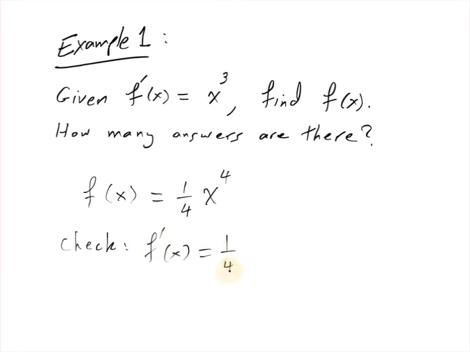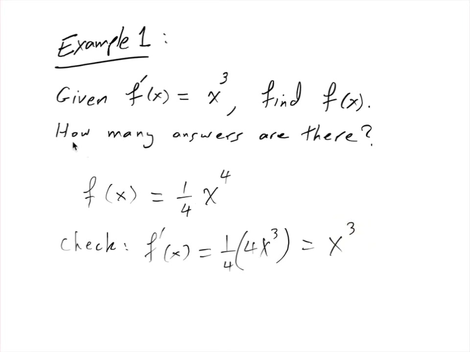That's 1/4 times the derivative of x to the fourth, which is 4 times x cubed. And then when you simplify, you just get x cubed. So that worked. So this is an answer.